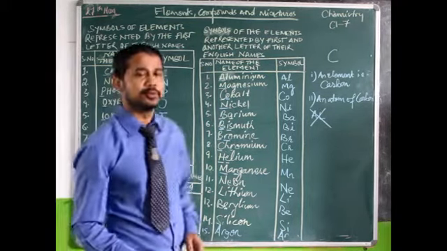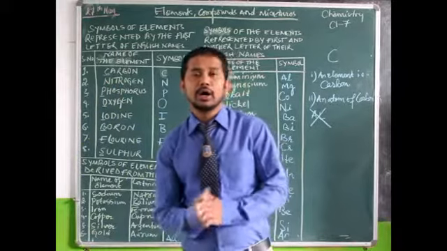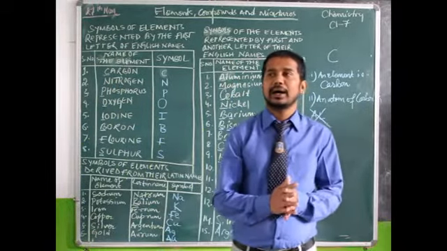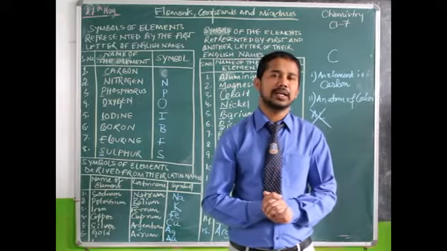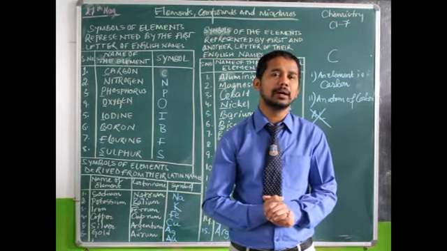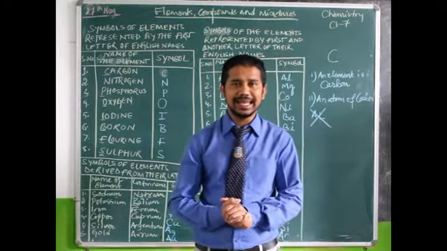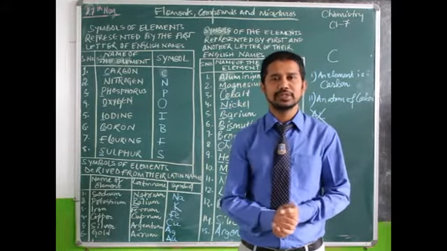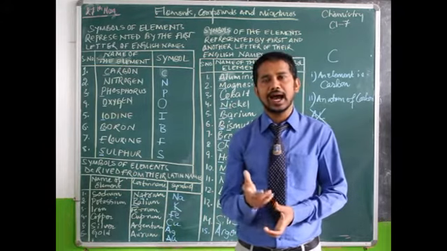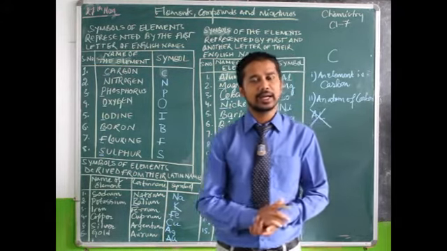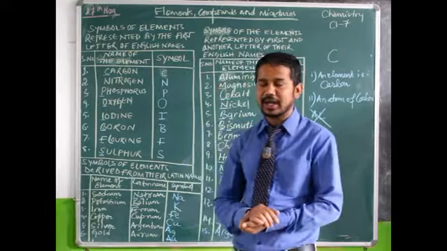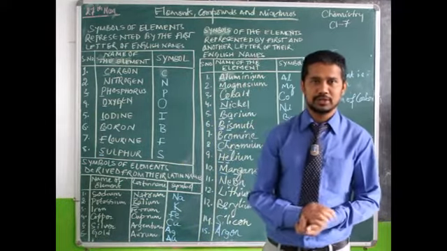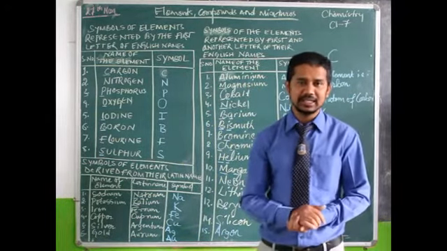Similarly, there are a few more elements whose symbols are derived from their Latin names. For example, plumbum, lead. Its Latin name is plumbum and the symbol is Pb. Then hydrargyrum, mercury. Latin name is hydrargyrum. So the symbol will be Hg.